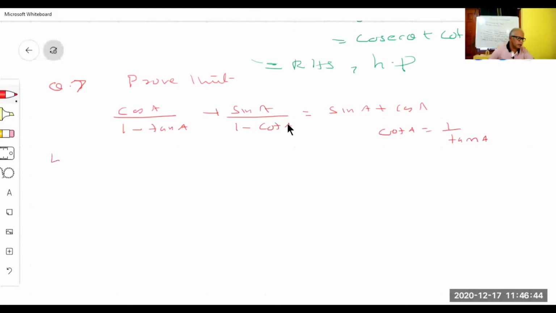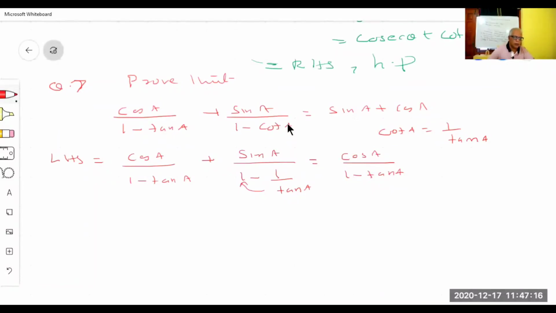So what is LHS? LHS is equal to cos A by 1 minus tan A plus sin A by 1 minus 1 by tan A. One simplification, what will you get? Cos A by 1 minus tan A. Multiply each term by tan A, then we'll get sin A into tan A by tan A minus 1.